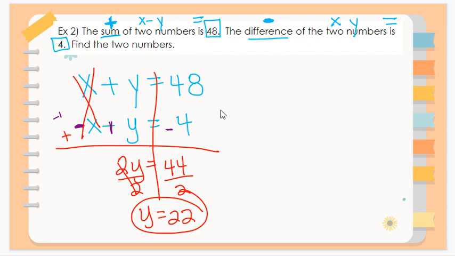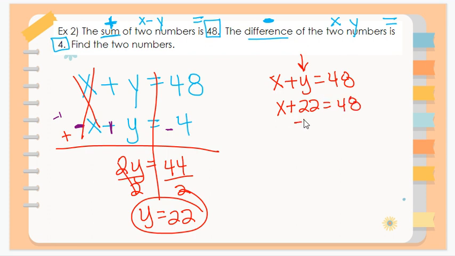So we have x plus y equals 48. I'm just going to take that 22 and plug it in for y. So x plus 22 equals 48. So I would subtract 22. And x equals 48 minus 22, which is 26.